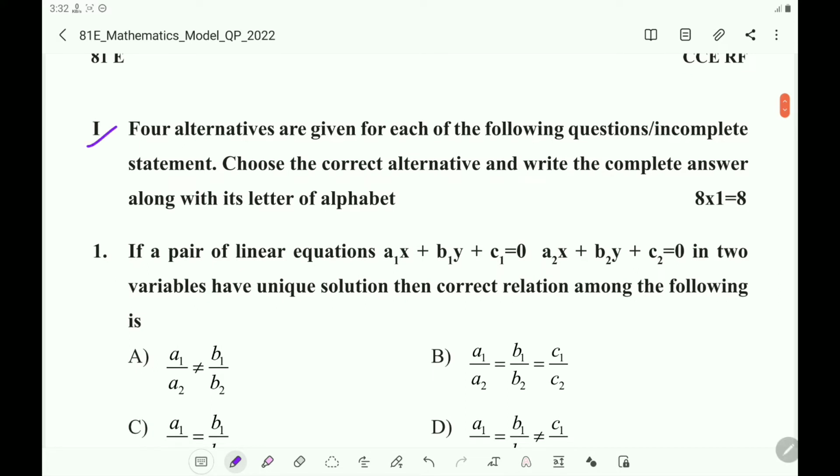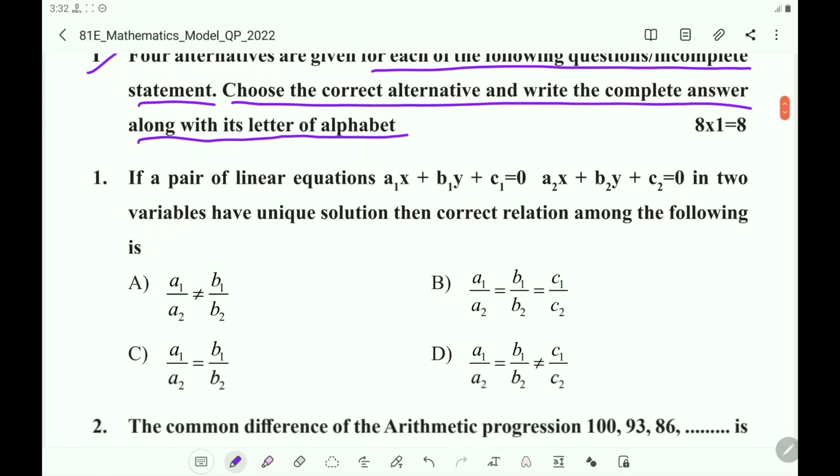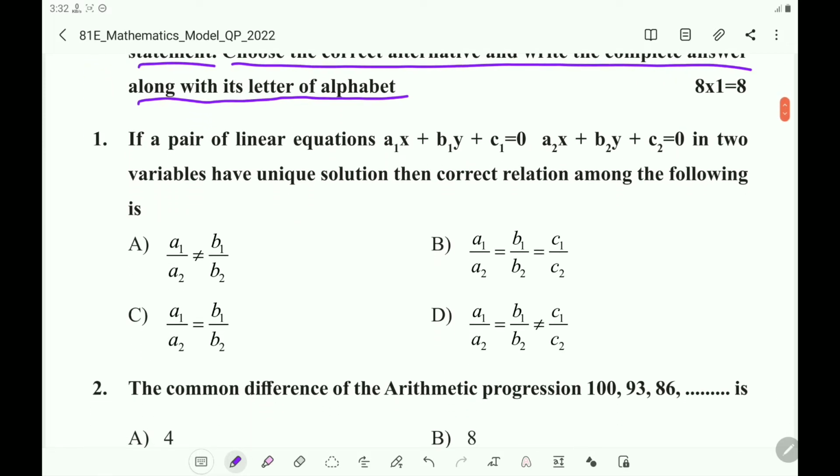First question. 4 alternatives are given for each of the following questions in complete statement. Choose the correct alternative and write the complete answer along with its letter of alphabet. First one. If a pair of linear equations a1x + b1y + c1 = 0, a2x + b2y + c2 = 0 in two variables have unique solution, then the correct relation among the following is.